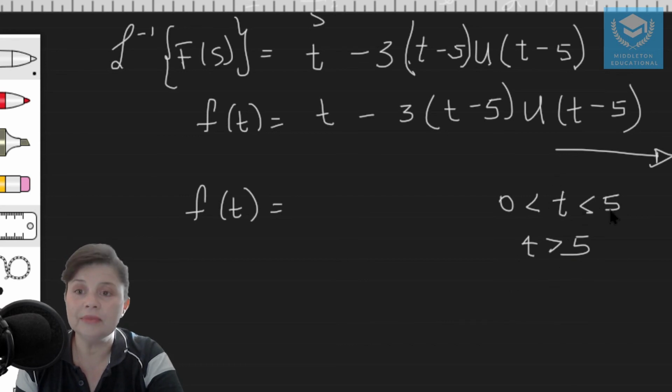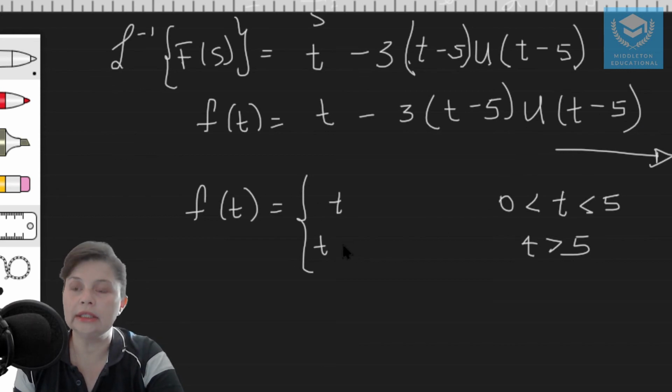When t is less than 5, it means that this u of t minus 5 is 0. So the only thing you're going to have left is your t. Where t is greater than 5, u of t minus 5 is equal to 1, which means you're going to have t minus 3 times t minus 5.